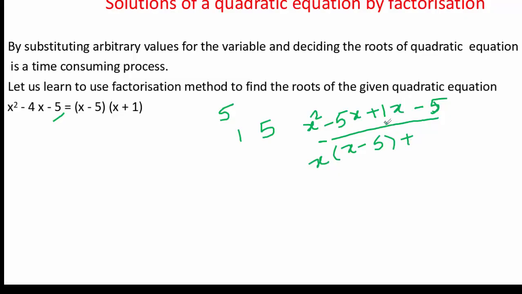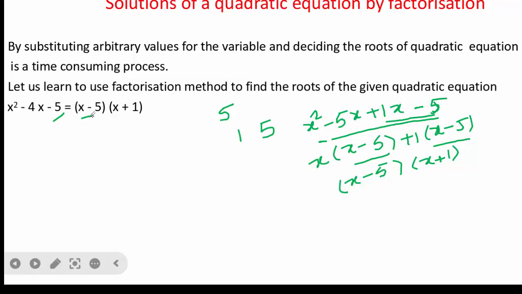From the last two terms, I shall take 1 common, and x minus 5. Now in these two terms, this factor x minus 5 is common. Therefore, I shall write x minus 5 in one bracket and the remaining terms x plus 1 in the other bracket. That's why the factors of x square minus 4x minus 5 are x minus 5 and x plus 1.